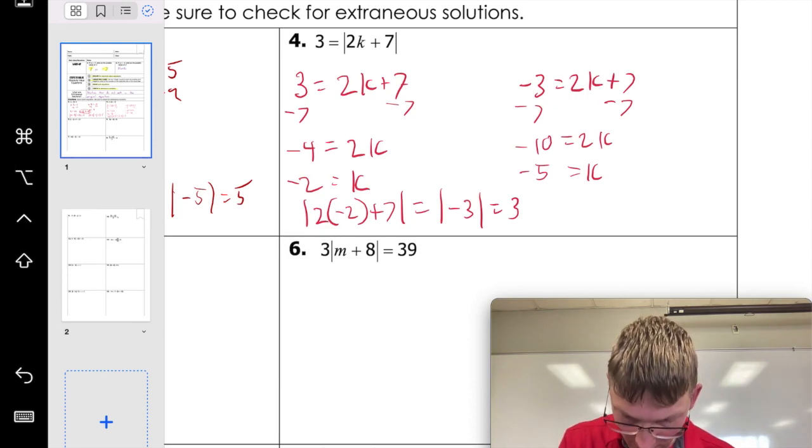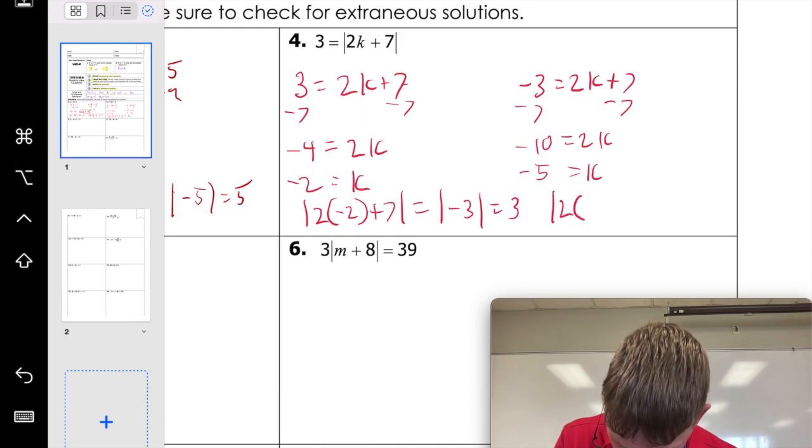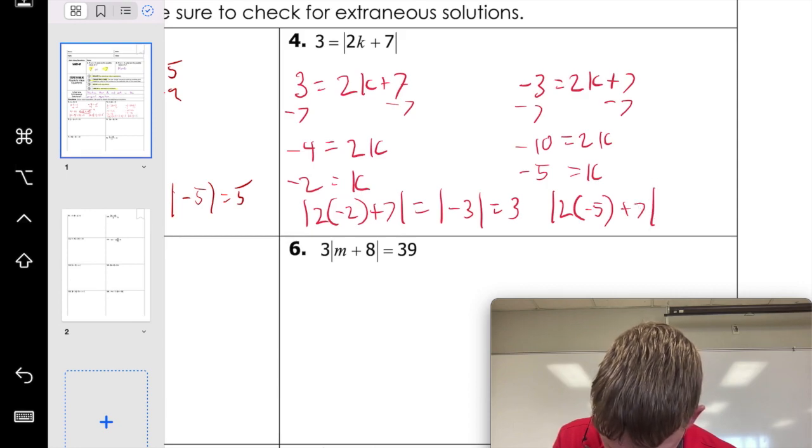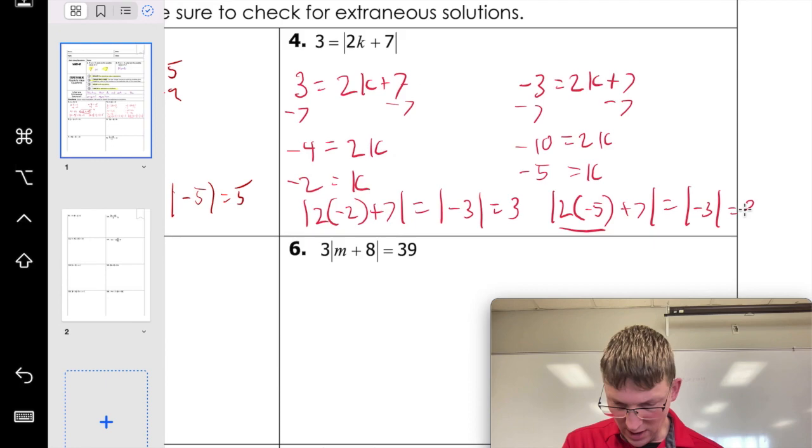So when we plug the negative 5 in, we've got 2 times negative 5 plus 7. So that's going to be negative 10 plus 7. That's going to be negative 3. Absolute value is 3. We're good to go.